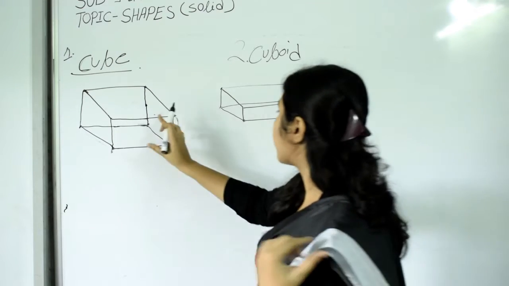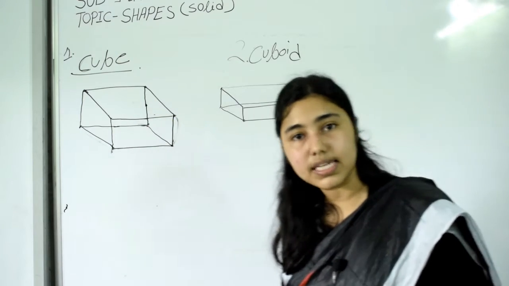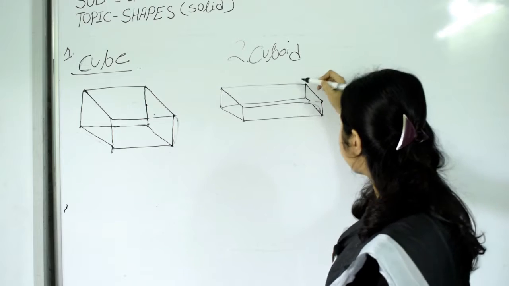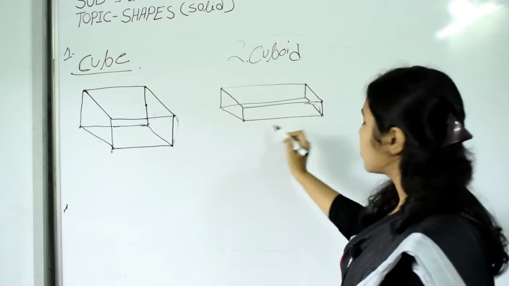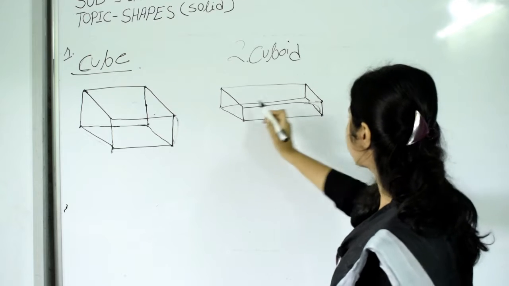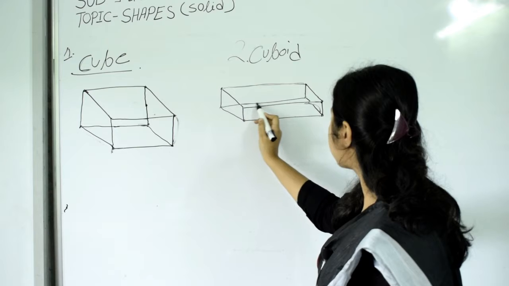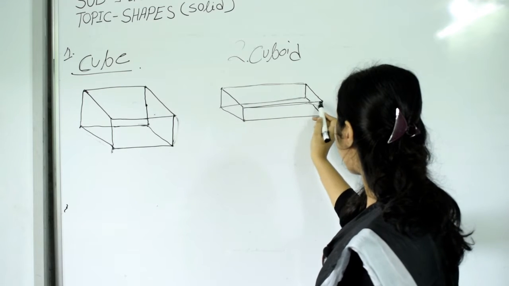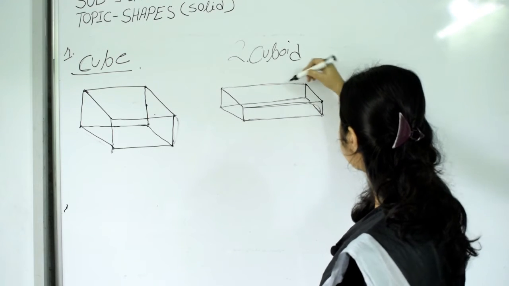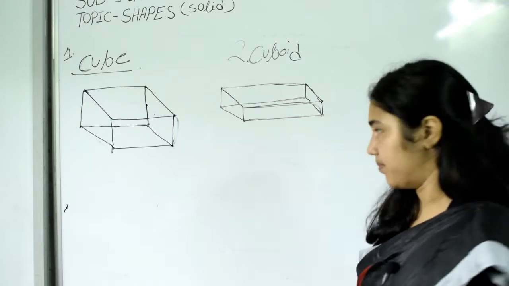Okay, so the difference is that here the lengths of all the edges are the same, but here only the opposite edges are the same, which means the length of this edge and this edge are the same, but the length of this edge and that edge is not the same.